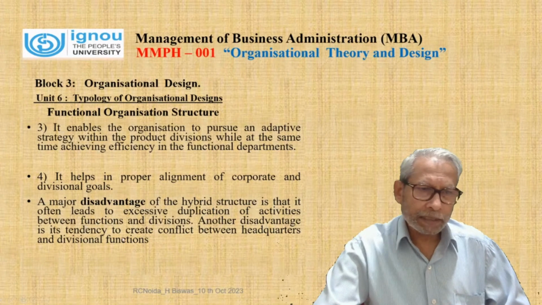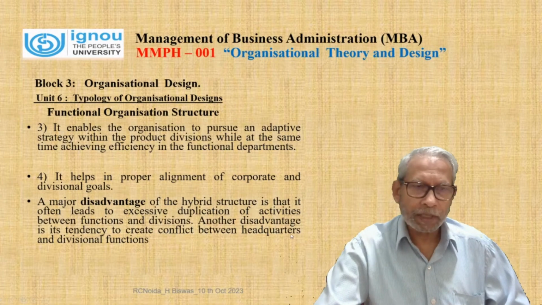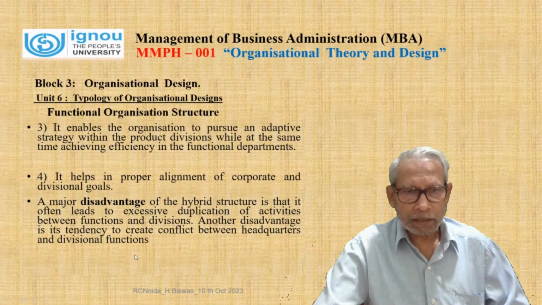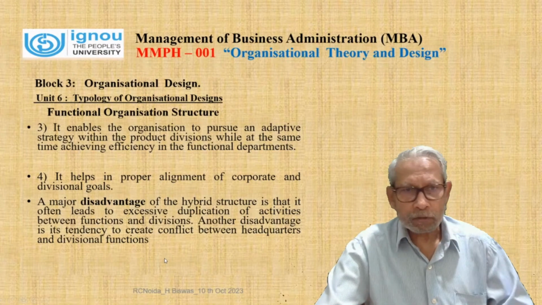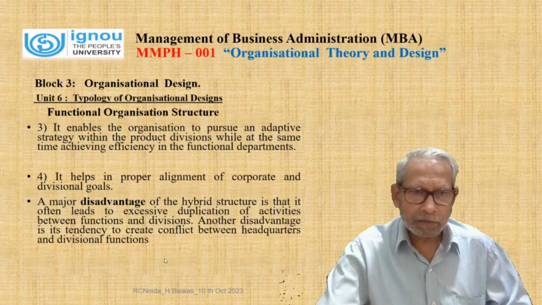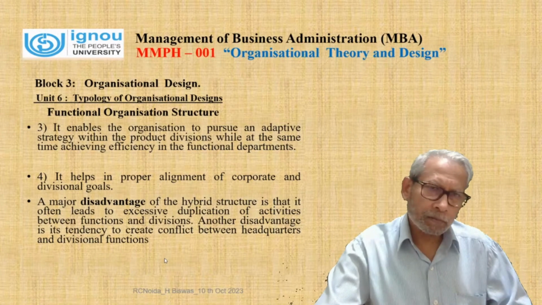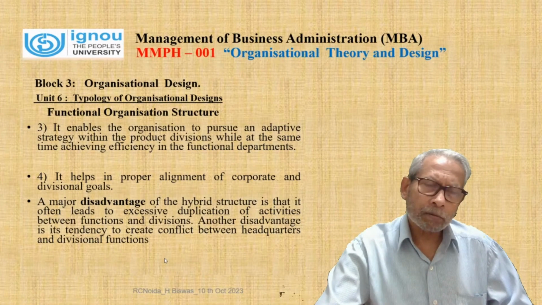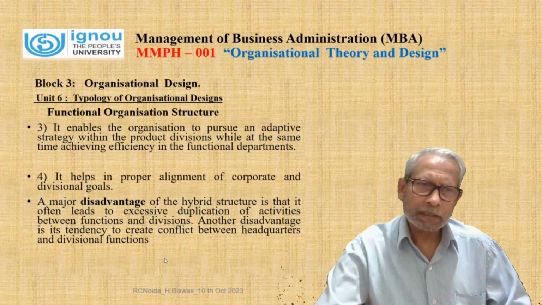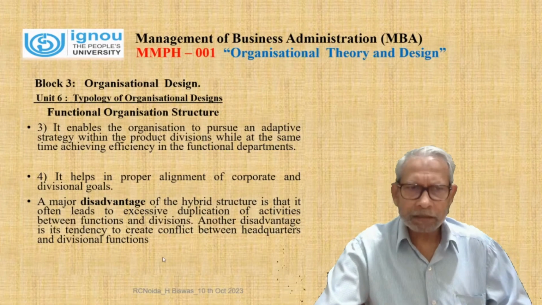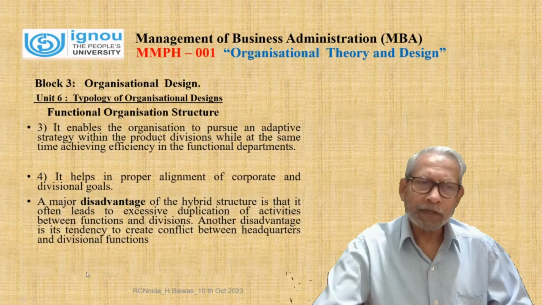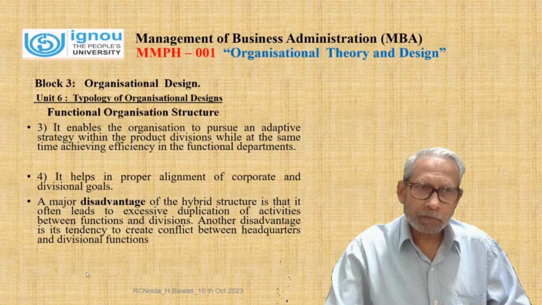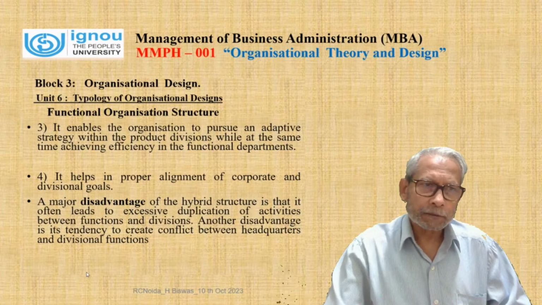Another disadvantage is the tendency to create conflict between the headquarters and the divisions, because headquarters is saying something and the divisions are also ordering something. So sometimes the instructions come from two different ways, and they are confused or it creates a conflict. That is one of the disadvantages.